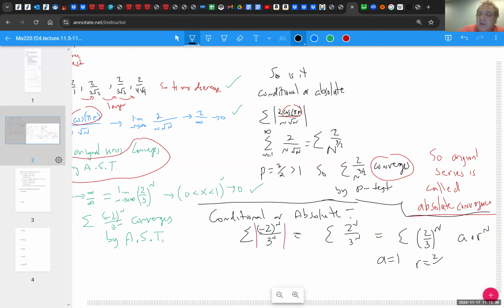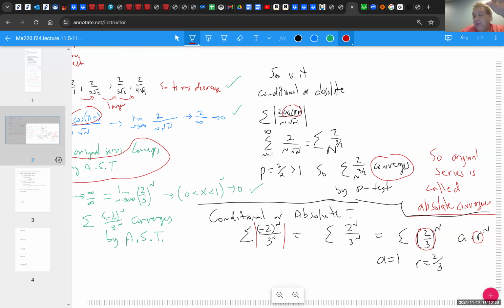It doesn't really matter what the a value is. Even if you didn't recognize the a value, it's not important as to whether this thing converges or diverges. The r value, the part that's being raised to the n, is the only thing that matters if this kind of series converges or not.